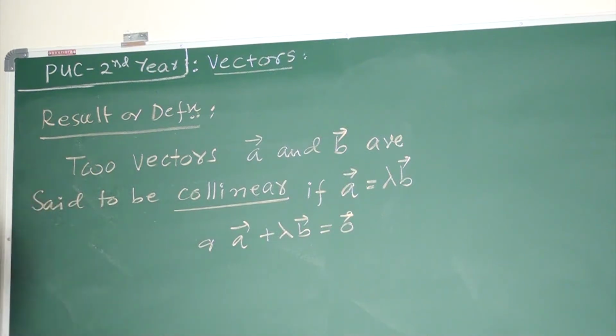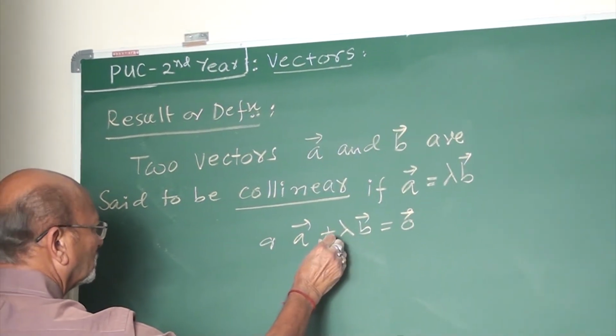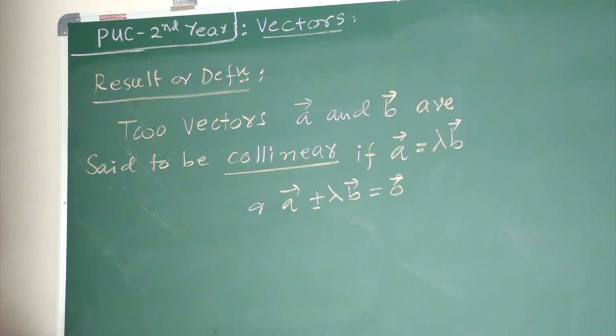Anything, both are the same. Even here, plus minus also gives a zero vector.